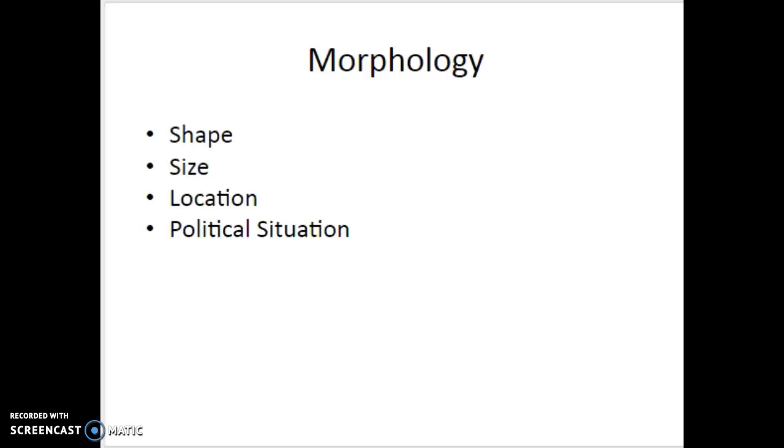In our last flip lecture, we looked at boundaries, whether physical boundaries like mountains and rivers, geometric boundaries focused on latitude and longitude, or cultural boundaries. For this flip lecture, we're going to focus on state or territorial morphology.